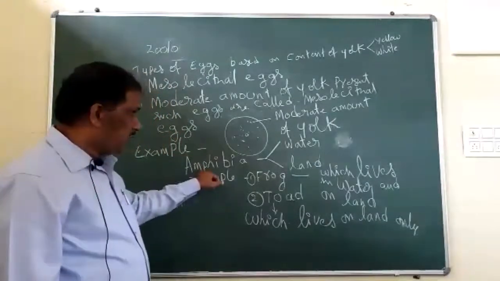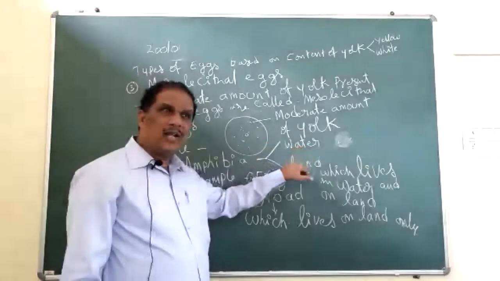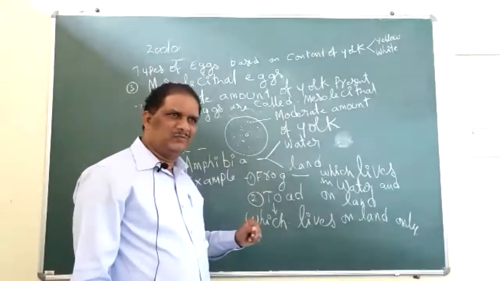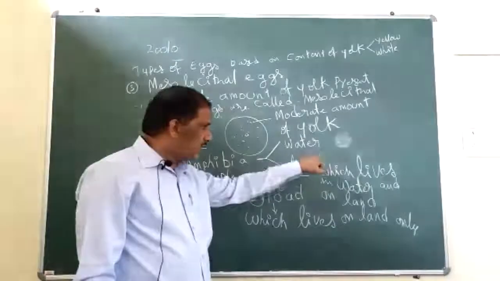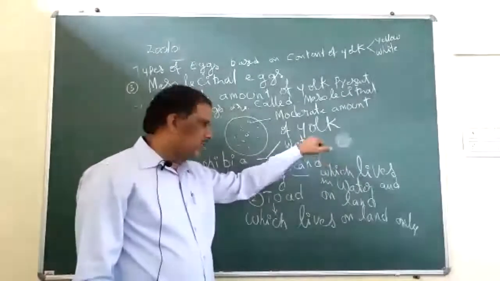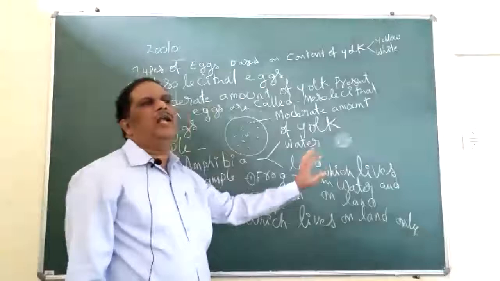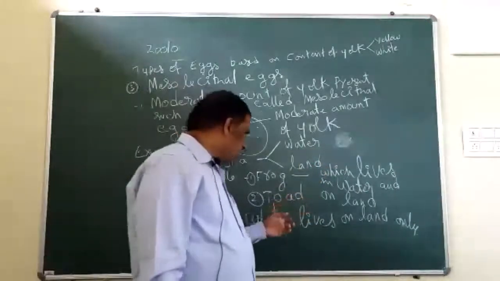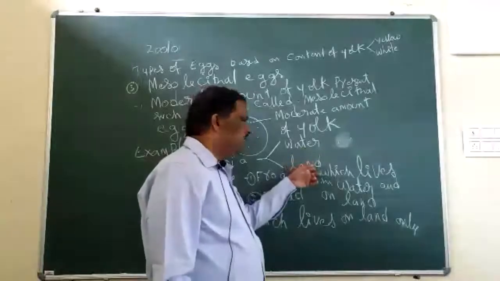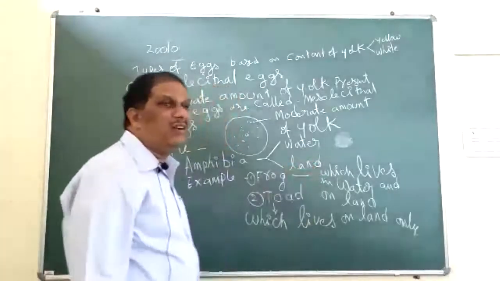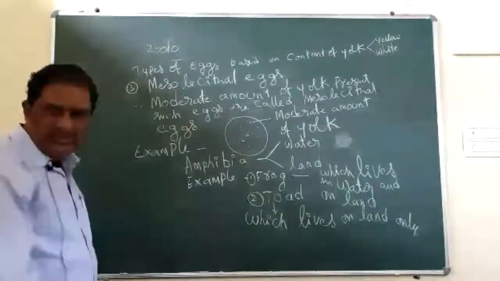So amphibian means those which are present both in water as well as on land. Some animals are present in water as well as land, some only in water, and some only on land. So the toad is an amphibian present on land, or terrestrial. Next.